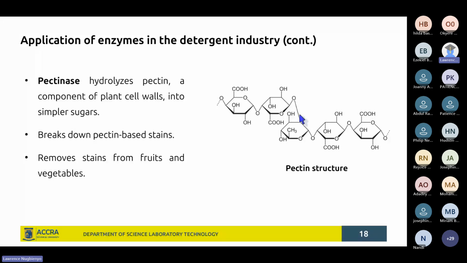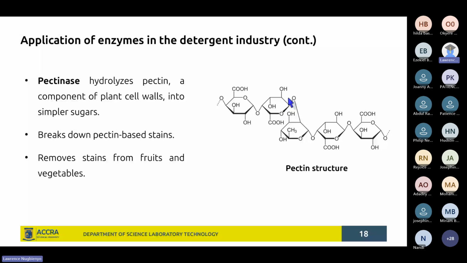So when you are washing with a detergent that contains pectinase, and the fabric that you are washing is stained with some pectin-based stain, then pectinase breaks it down into glucose molecules, these glucose molecules easily dissolve in water, and that's it. The stain is removed.